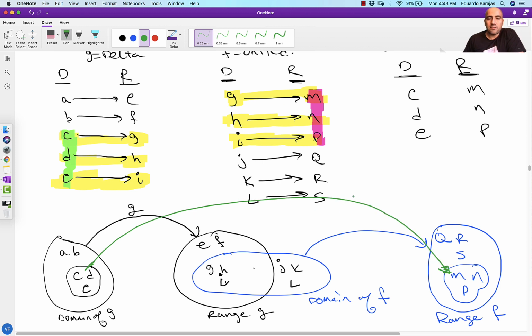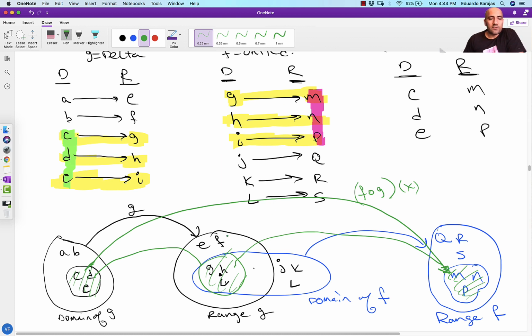And this in green is going to be the composition of F composed with G of X. Right? We start off with values in the domain of G. Now we're only going to focus on these guys because these guys are going to be the ones that map from here to this little group in here, which are the ones that are the overlap of these two sets. And then from here, these are the ones that map to these guys over there.